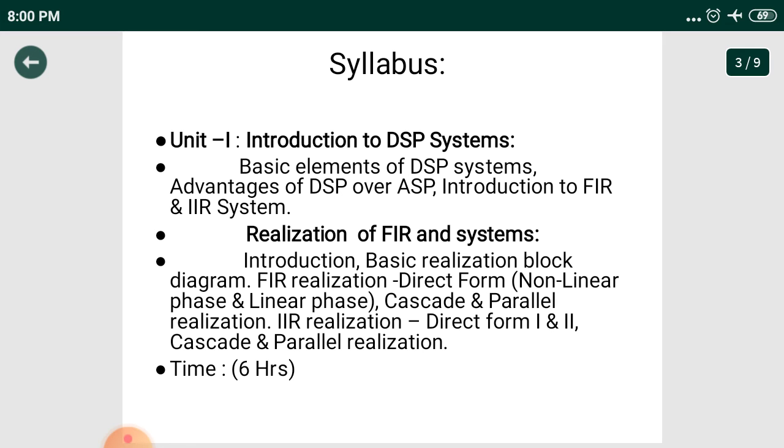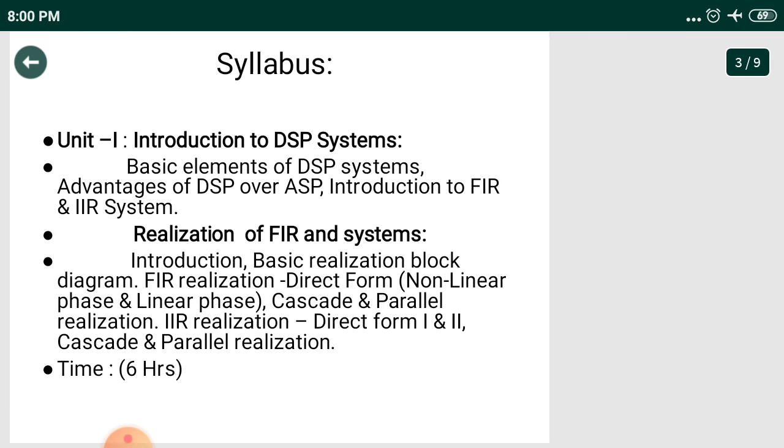It consists of introduction, basic realization block diagram, FIR realization, direct form, in that non-linear phase and linear phase, then cascade and parallel realization, IIR realization, direct form 1 and 2, cascade and parallel realization. Total time duration given for this unit is 6 hours.